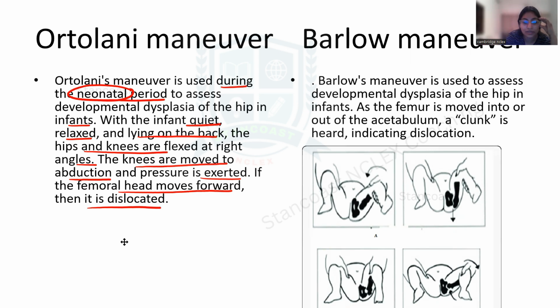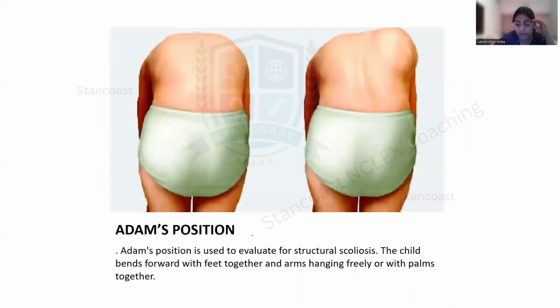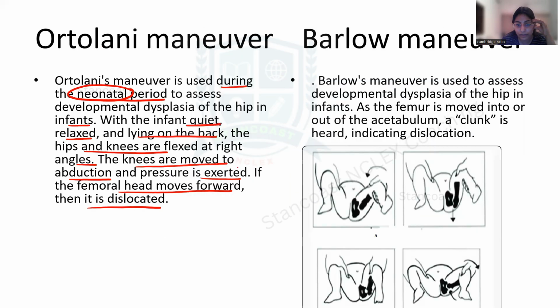So this is the picture of the Ortolani maneuver. What happens here? We flex the hips and knees at a 90-degree angle. Then we abduct, making the hips and knees move far from the center.